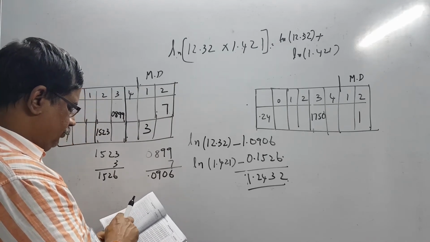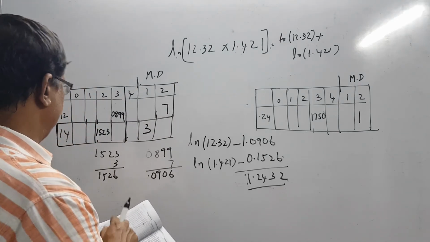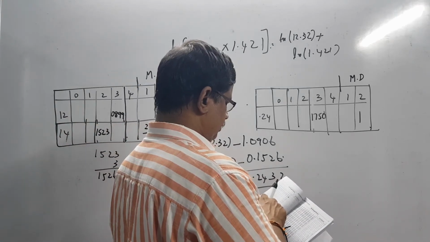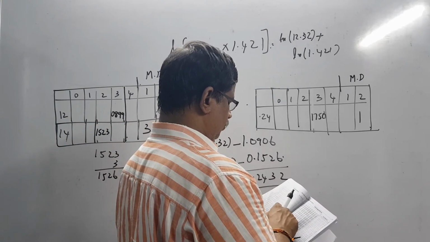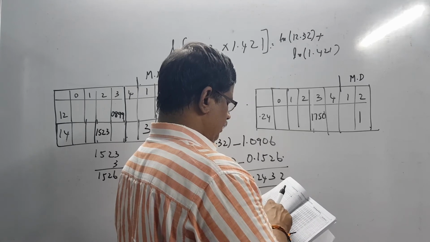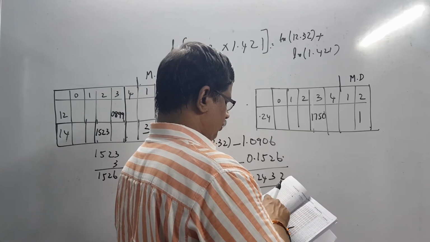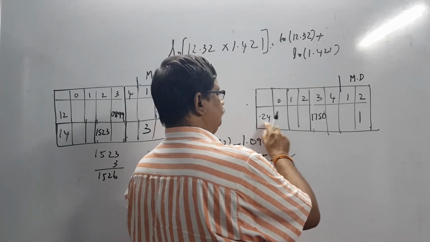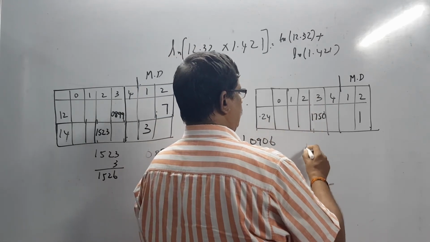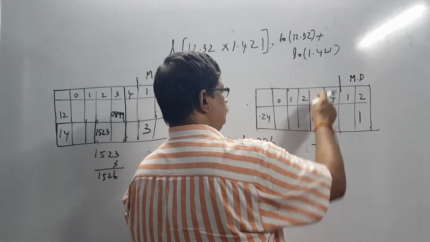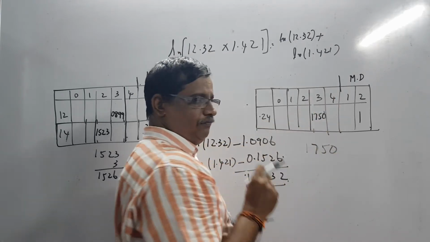Go to 0.24 in the first column. Then move along the same row until you reach 3. Look at the intersecting value for 0.24 and 3. It is 1750.